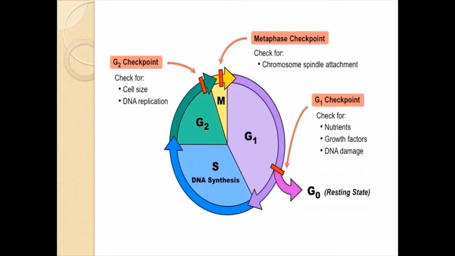Next is the G2/M checkpoint, where the cell looks at the cell size and whether DNA replication is completed or not. And the third one is the metaphase checkpoint, where the cell looks at chromosome spindle attachment.